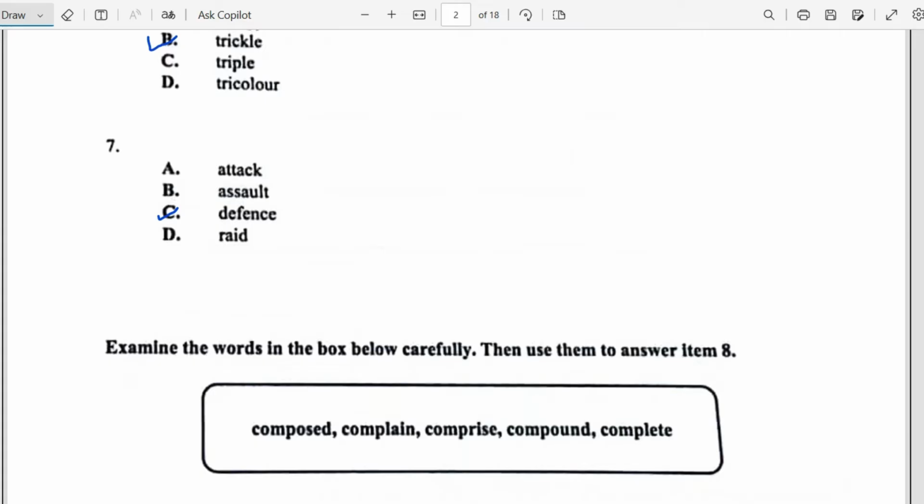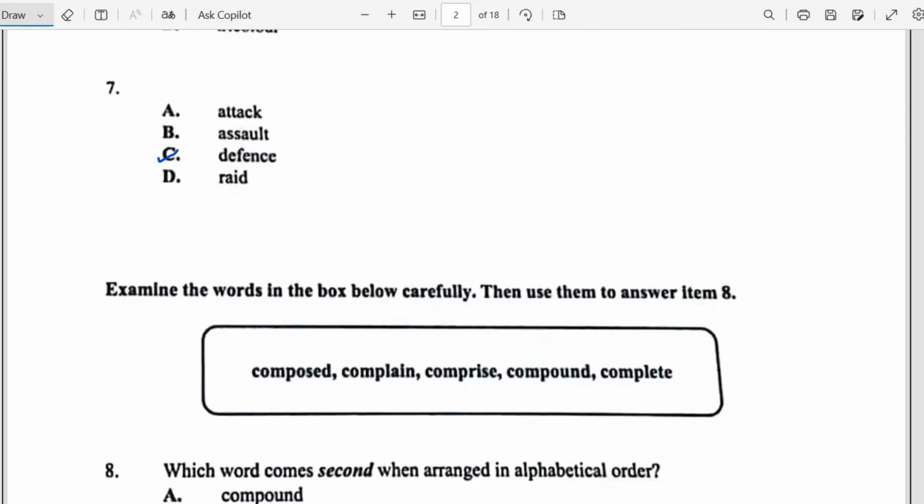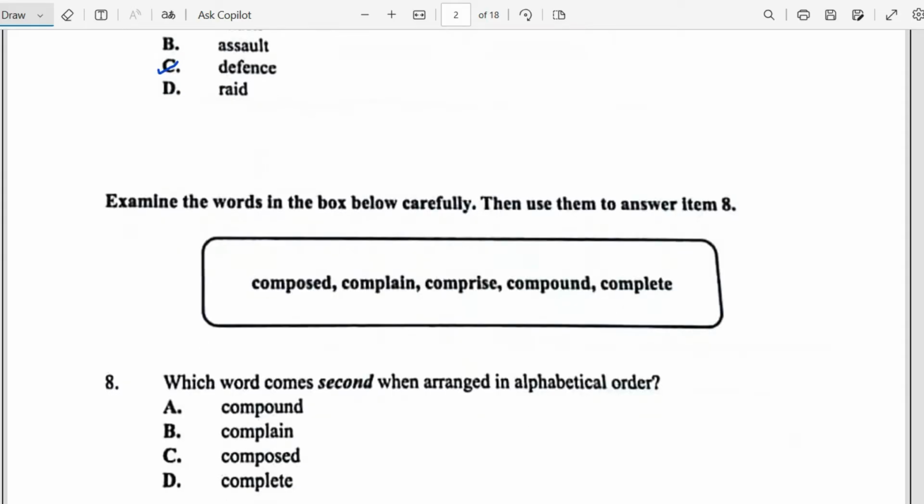Examine the words in the box below, then carefully use it to answer item 8. Which word comes second when arranged in alphabetical order? All right, so let's look at the words. In alphabetical order, the first word would be complain. The second one would be compound, sorry, not compound, it would be complete.